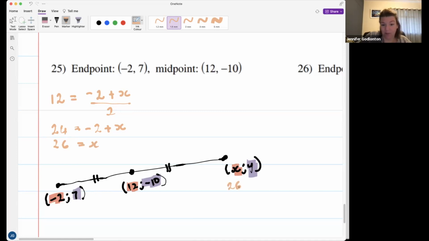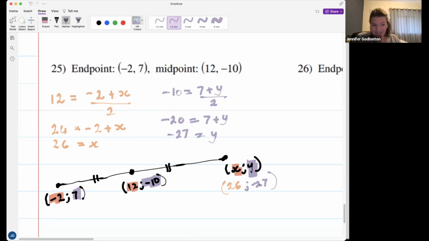So that's my one value. Now we're going to have a look at our y's. So -10 is equal to 7 plus y over 2. -20 is equal to 7 plus y, which means y is equal to -27. And those are my coordinates.